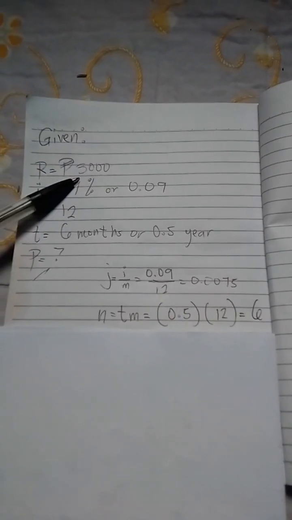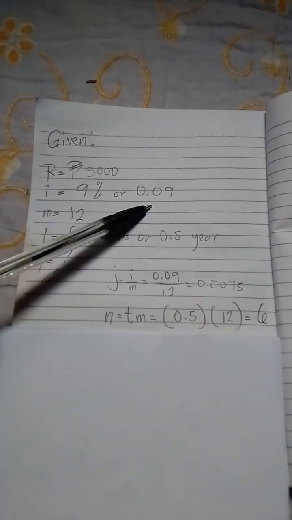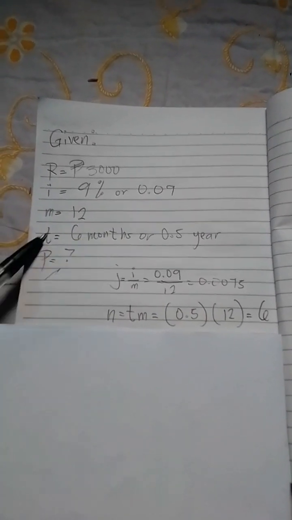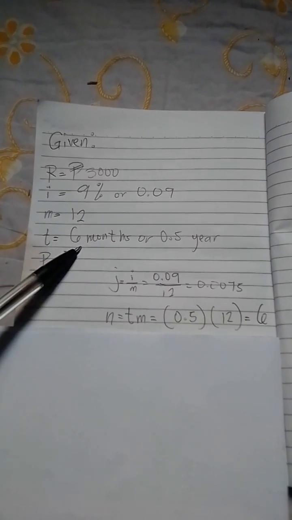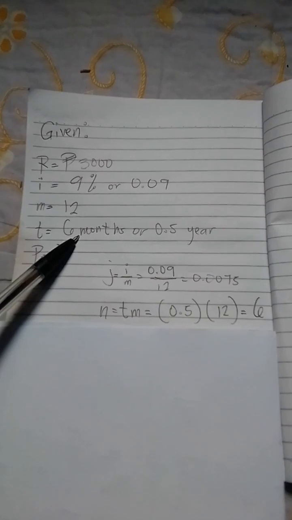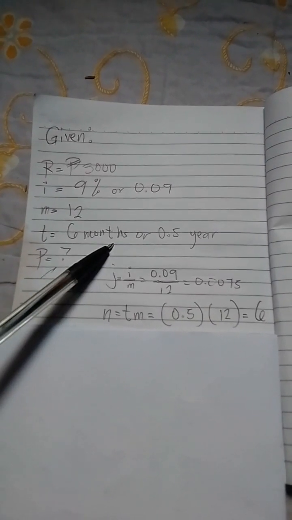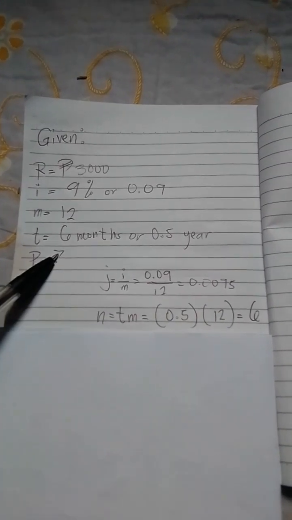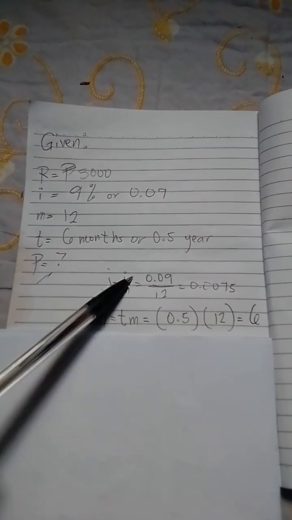R is equal to 3,000, i is equal to 9% or in decimal 0.09, m is equal to 12, t is equal to 6 months or 0.5 years. 6 months is converted into years by dividing 6 by 12. So let's find the present value.